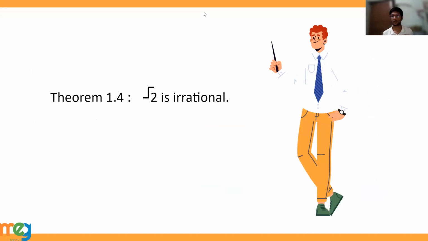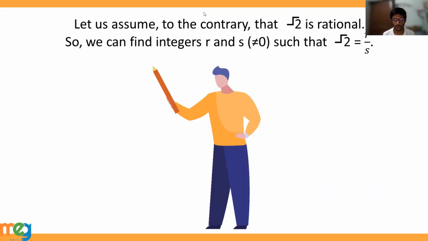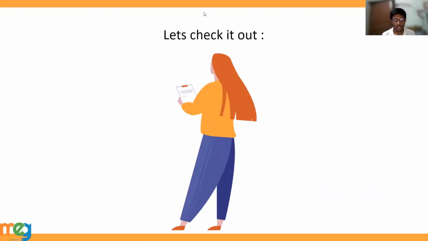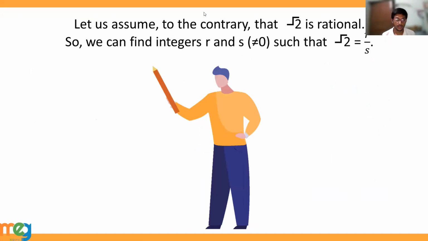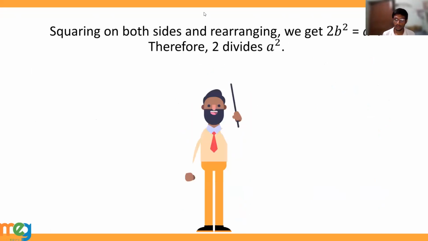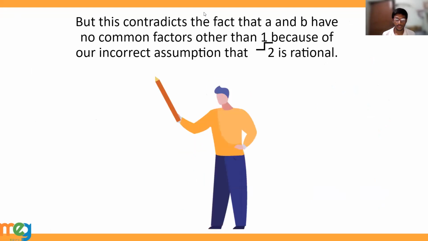That method is called proof by contradiction, in which, if we have to prove anything is an irrational number, at first we assume something contrary, like root 2 is a rational number, and then we go on to the next step, and finally we conclude that this contradicts a fact, that our assumption is contradicted.